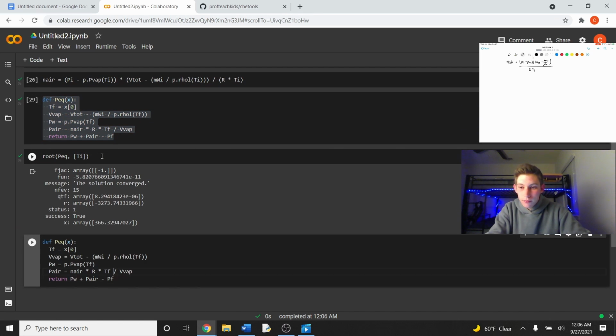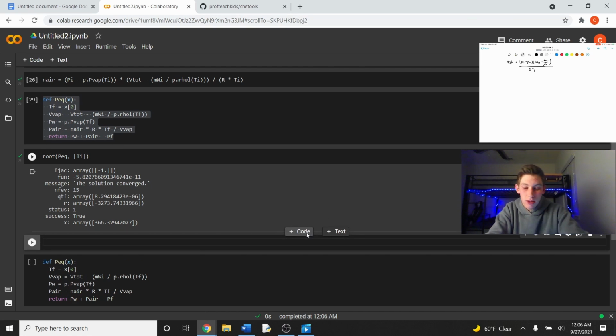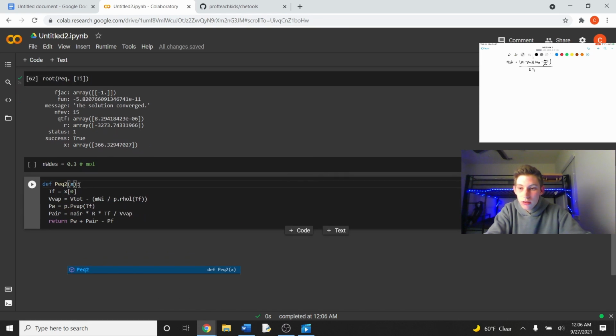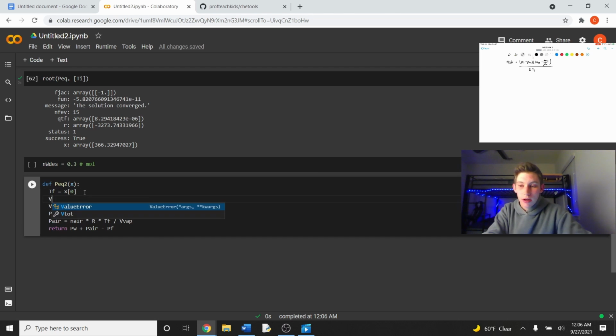I'm going to add a code here and establish that the number of water desired is going to be 0.3 moles. We're going to call this our second function, just add a 2. And then we're going to have to add a second variable that is unknown.